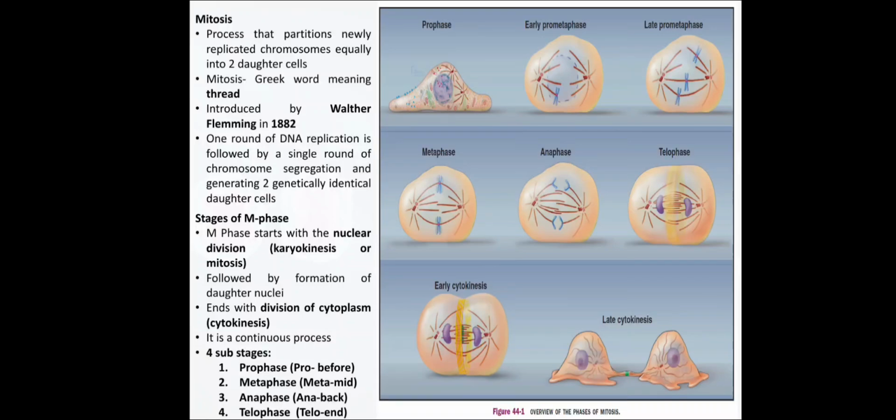So today we'll be discussing the substage of M phase, that is prophase. Prophase is known to be the longest phase of mitosis. It is the first substage in M phase, that is mitosis.